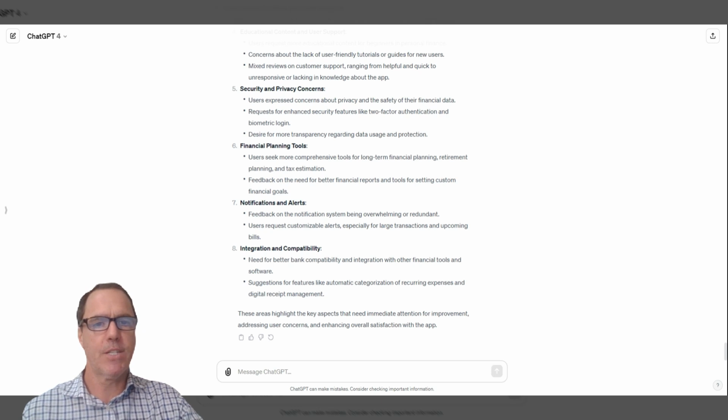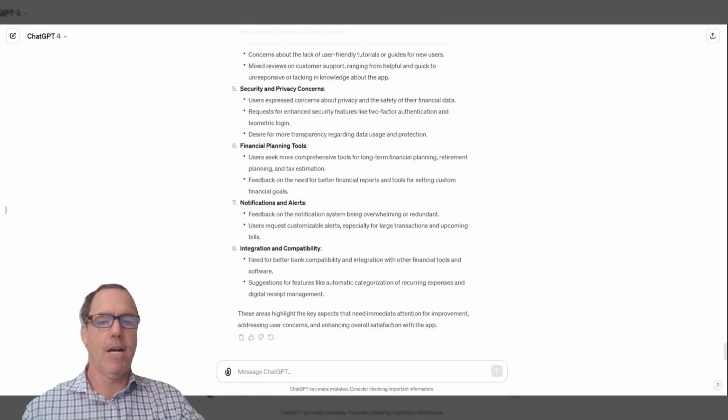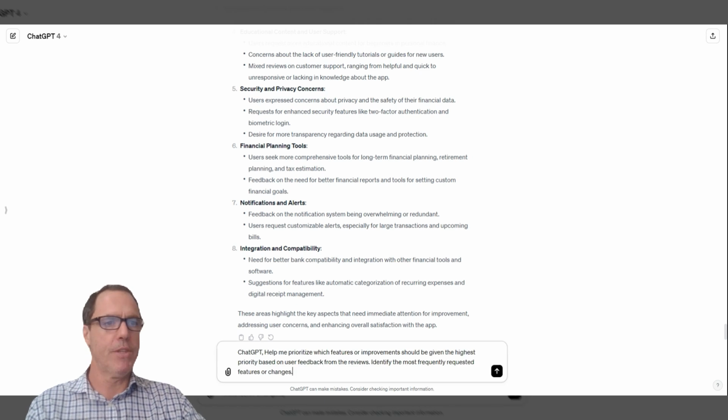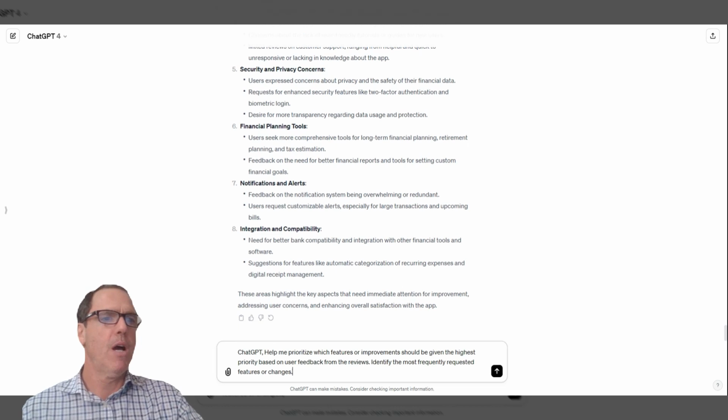All right, next, based on this, let's take a look at some ideas that we should think about for features and additions to our roadmap based on what these customers are saying. So let's put in a feature prioritization prompt. ChatGPT, help me prioritize which features or improvements should be given the highest priority based on user feedback from the reviews.